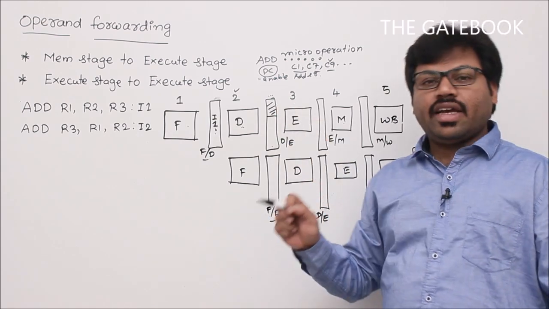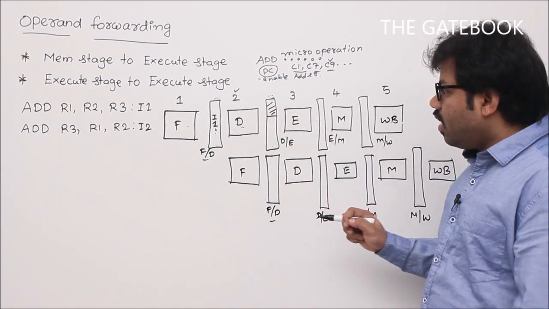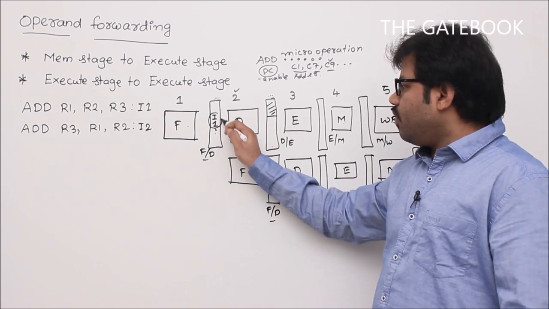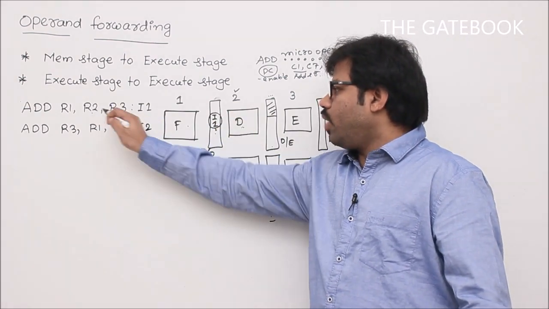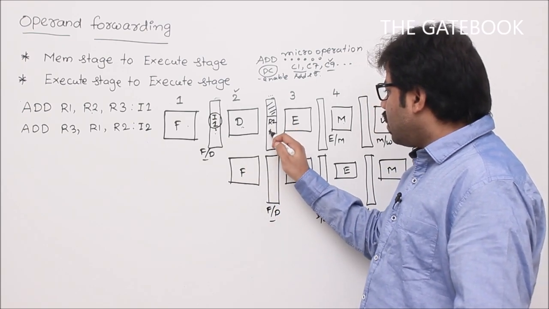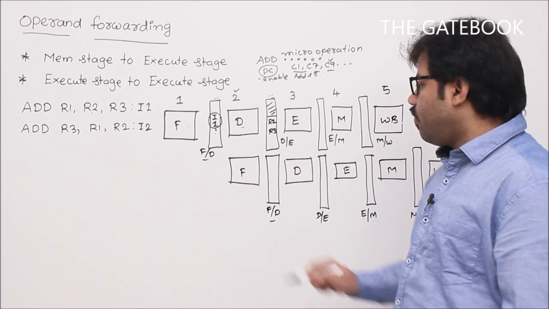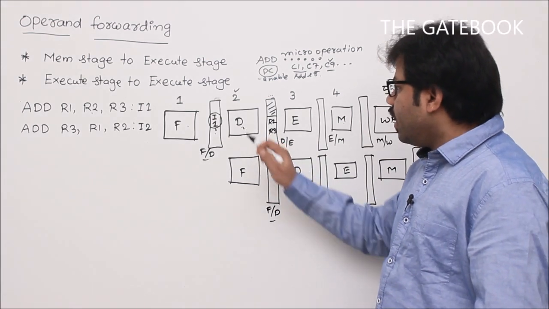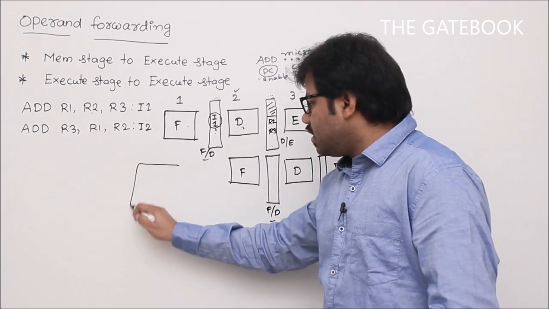Apart from that, the essential data. What is the data? In the instruction we already have R2 and R3. The content of R2 and the content of R3 will be taken from the register file. Because of the decode stage, there will be a register file, right?